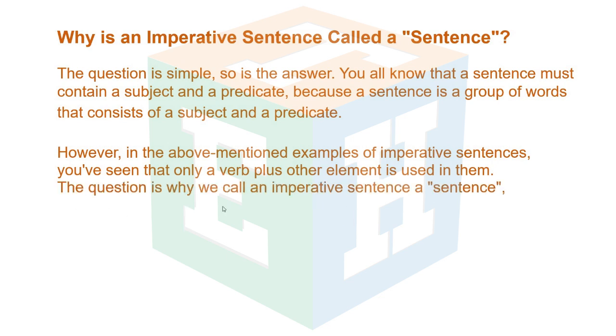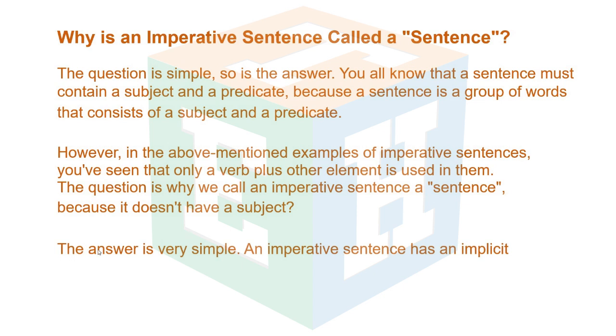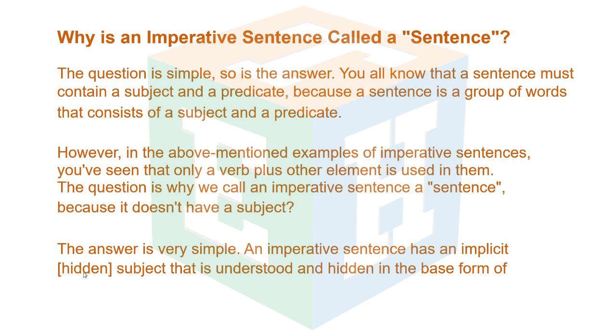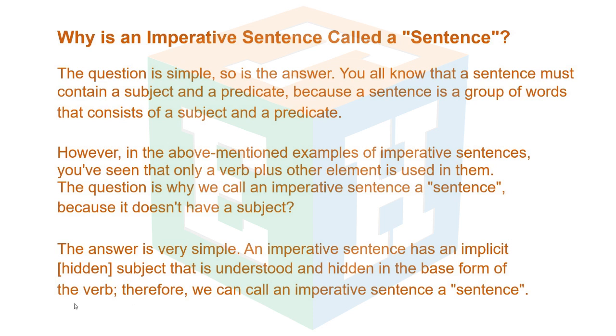The question is why we call an imperative sentence a sentence, because it doesn't have a subject. The answer is very simple. An imperative sentence has an implicit or hidden subject that is understood and hidden in the base form of the verb. Therefore, we can call an imperative sentence a sentence.